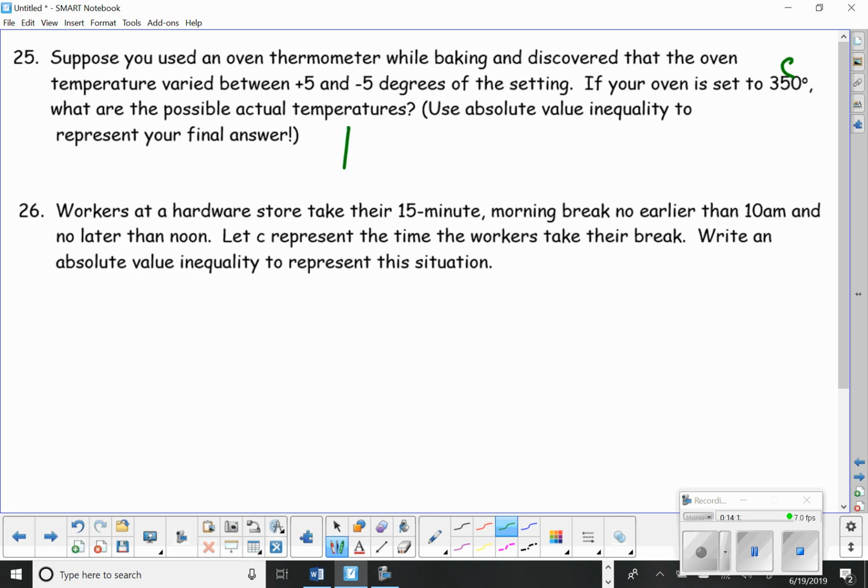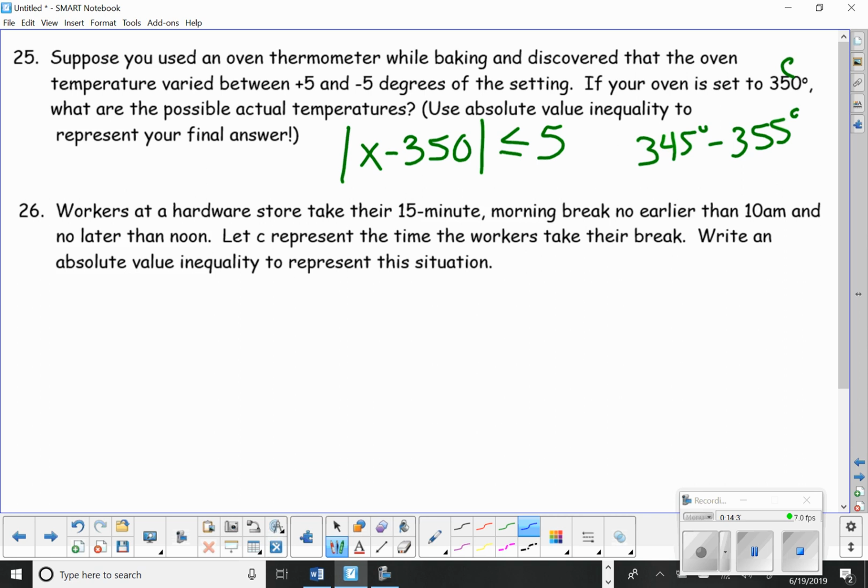So if you take the actual temperature and subtract the 350 degrees, that should be less than or equal to 5. That means you should be between 345 degrees and 355 degrees.